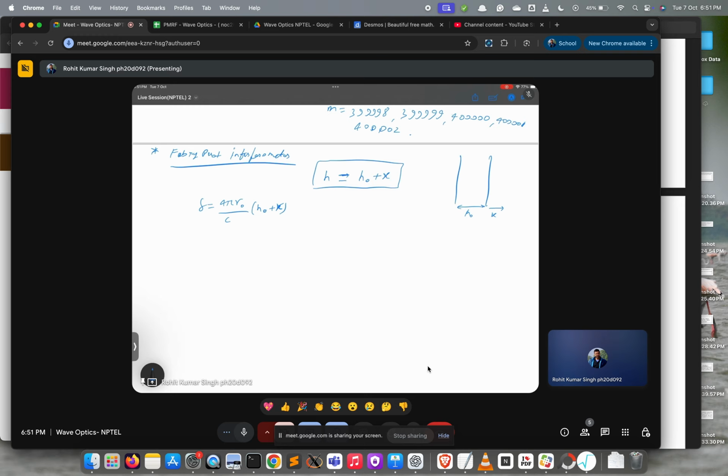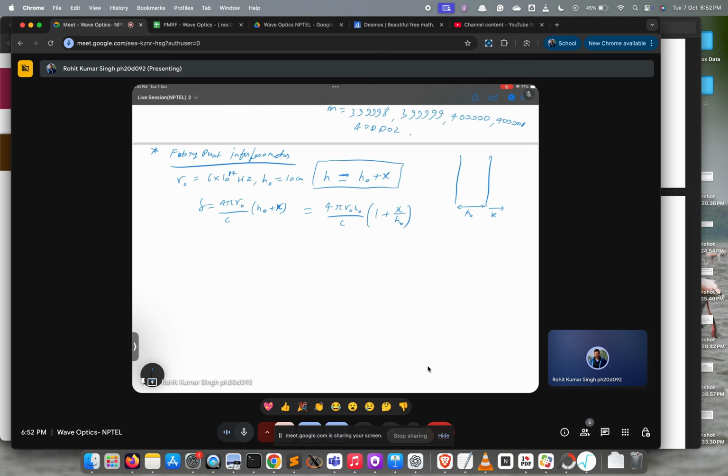And let's use a light having the same central frequency as in the example above. Also in h naught we will use 10 centimeter as above. So if you take h naught out of the bracket, we will get 1 plus x by h naught.